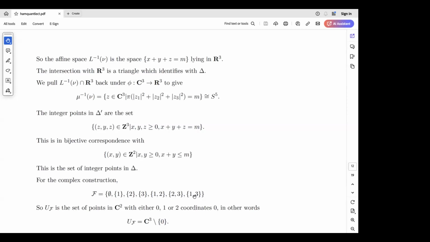There isn't a set, we're leaving out the set with 3 elements. So U sub F is the set of points in C2 with either 0, 1, or 2 coordinates equal to 0. In other words, U sub F is C3 minus, sorry, this should be C squared, not C3, minus 0.